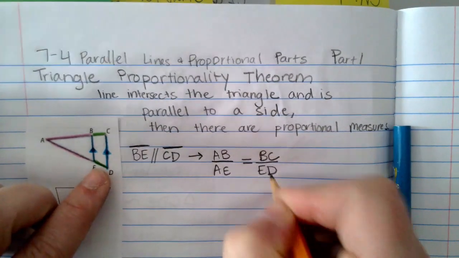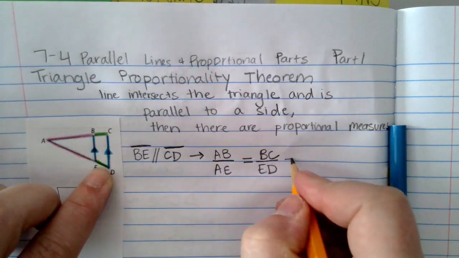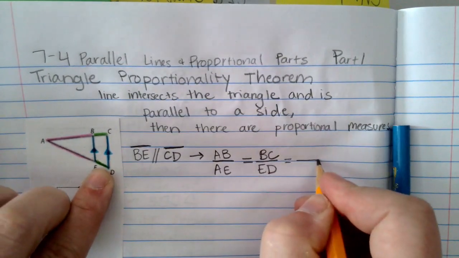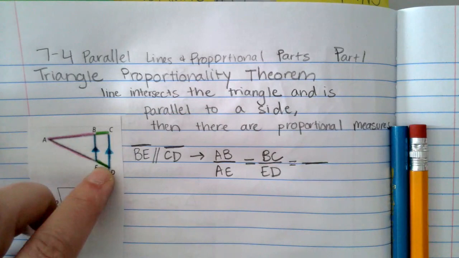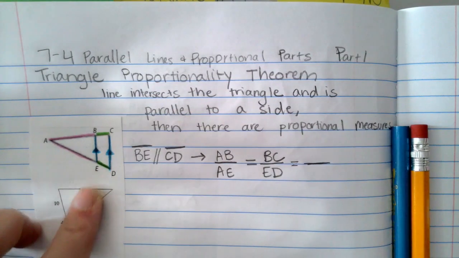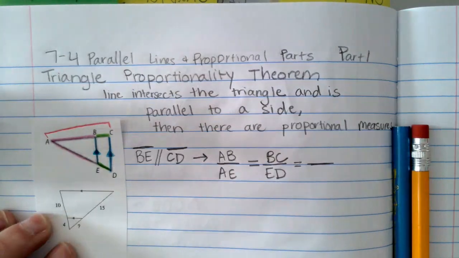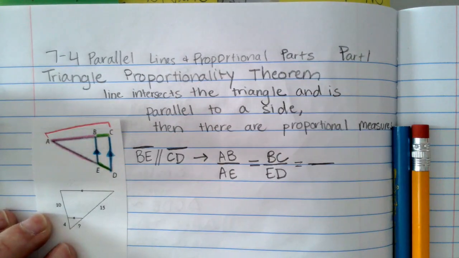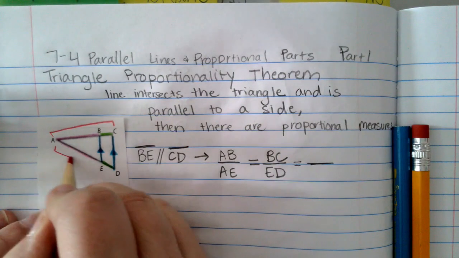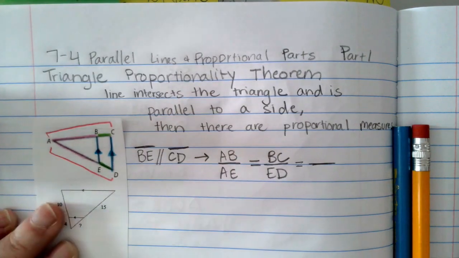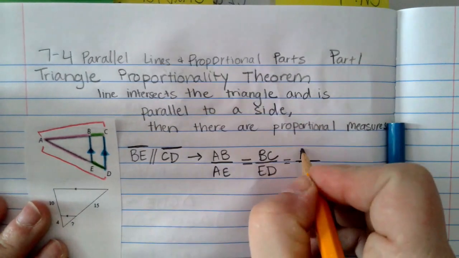A to C would be compared to A to D. So these are all ways that we can write those proportions, those ratios, based on just knowing that we had those two parallel lines to start.